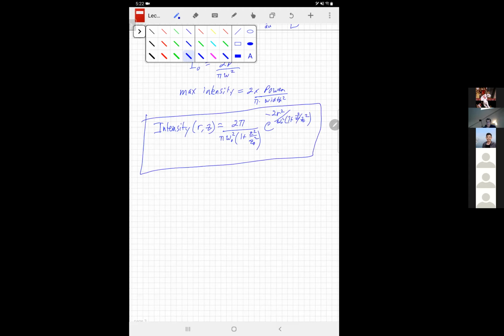This is, of course, an approximation. Almost everything with Gaussian beams is an approximation. There are ways to make truly Gaussian beams, but in many cases, Gaussian is an approximation.